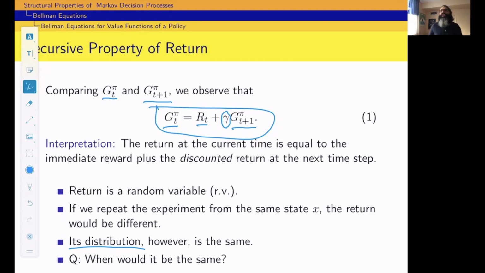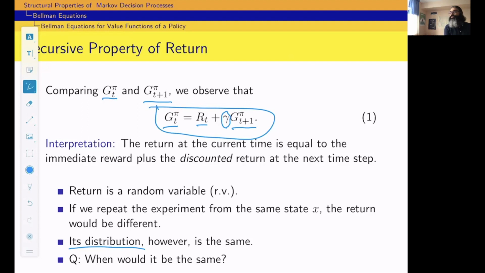What if you make the reward deterministic, so there's no noise in the reward? Does it make the return the same in every run or not? I guess you are on the right path. You said that if the policy is deterministic and the reward is also deterministic, then the return would be the same in every run. Is it true or not?